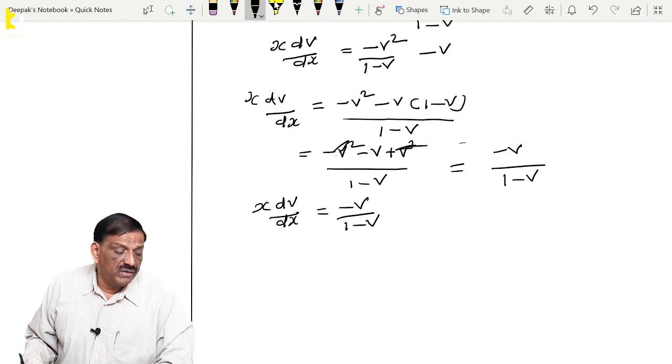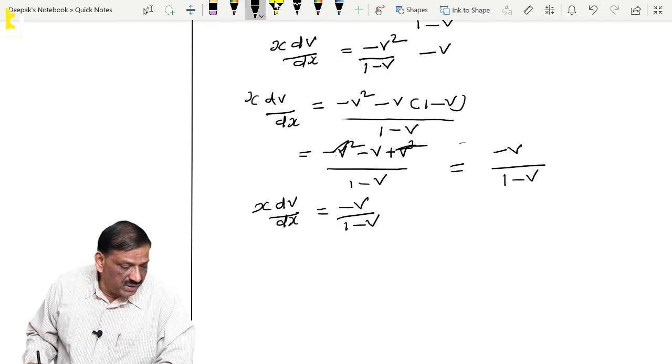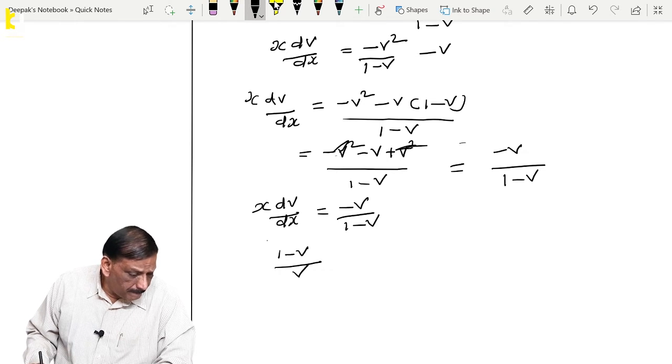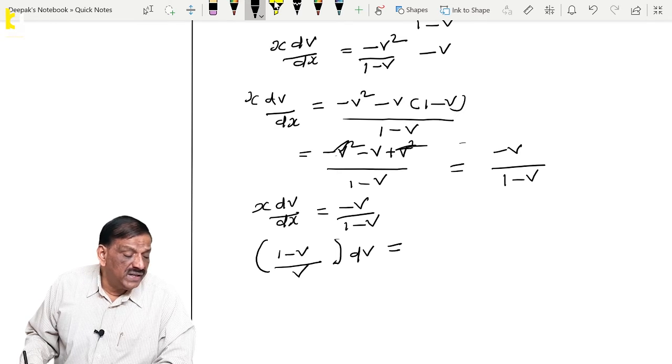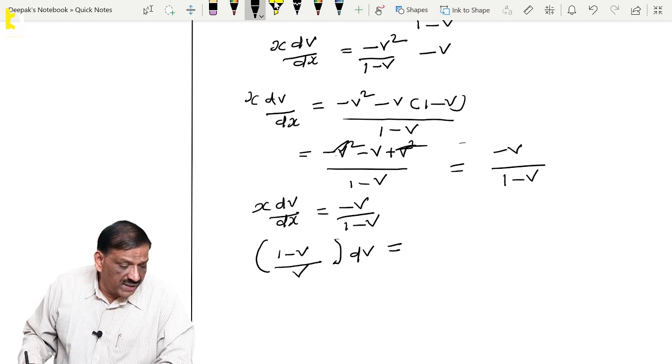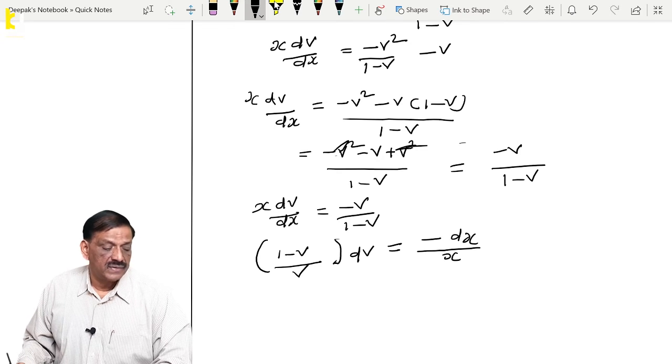Bring all the right hand side to the left hand side. So this will be equal to 1 minus v divided by v into dv equal, bring x by dx to the right hand side. So this will be equal to minus dx divided by x.